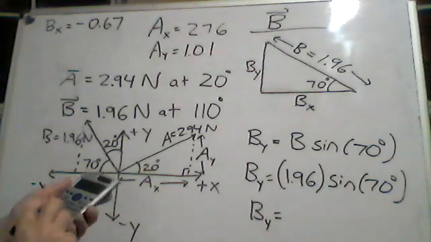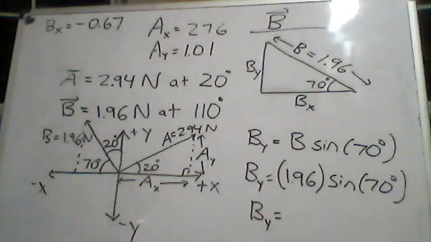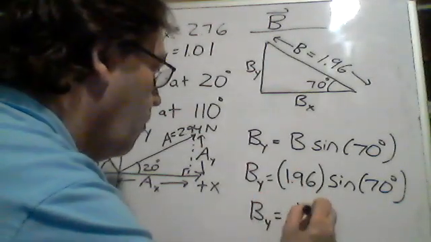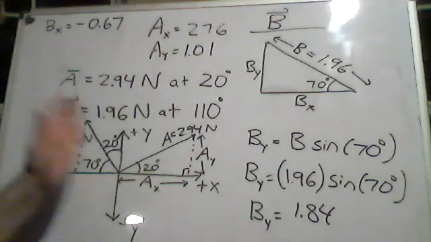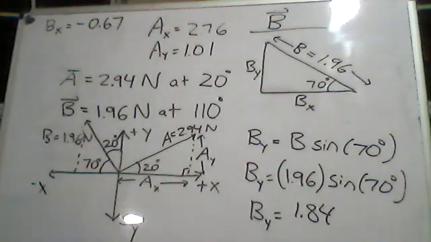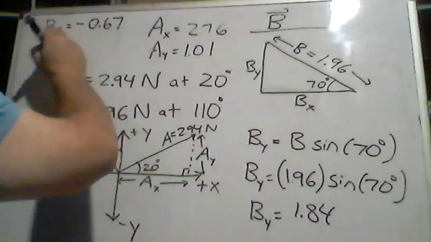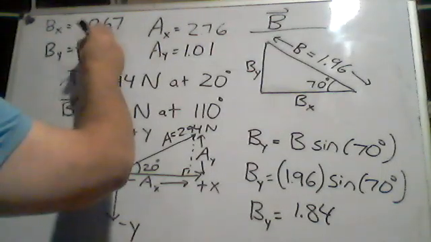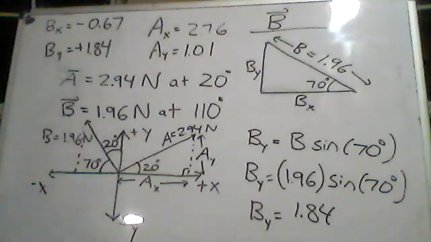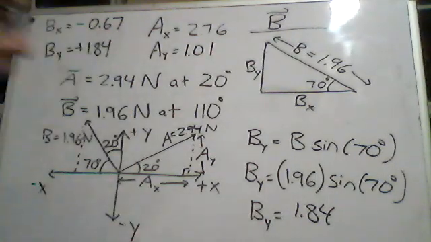Multiply by 1.96, and you get a number like 1.84. And this b vector is actually a second quadrant vector, so that 1.84 is actually a positive 1.84. So I have all of the components that I need, and I'm ready to add the two.